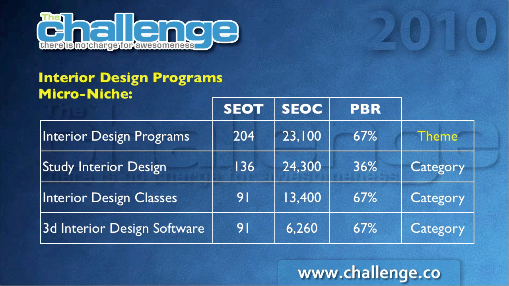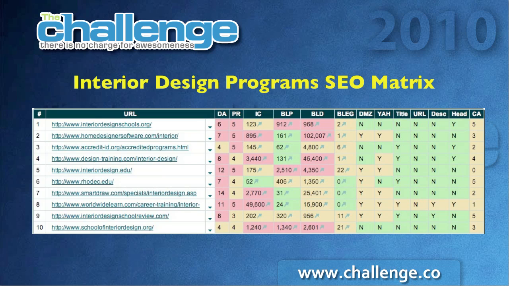Now I deliberately chose a niche which was a little bit too competitive for somebody starting out using the strategy that we're teaching in the challenge. So you can see here that there's quite a lot of red and orange here, and most of the sites are quite competitive.